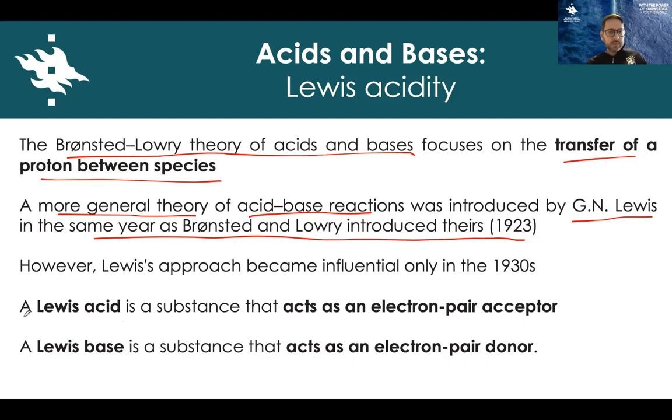So, talking about the Lewis definition, a Lewis acid is a substance that acts as an electron pair acceptor, and a Lewis base is a substance that acts as an electron pair donor. So the Lewis theory focuses on the electron pair. Acids accept an electron pair and bases donate an electron pair.